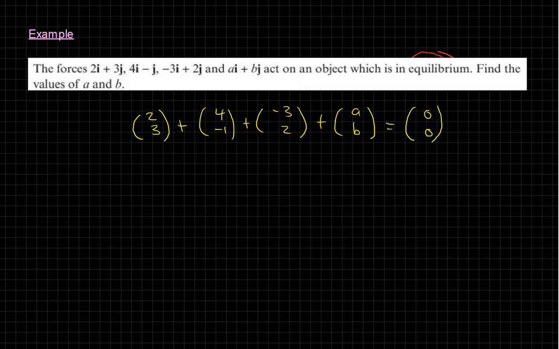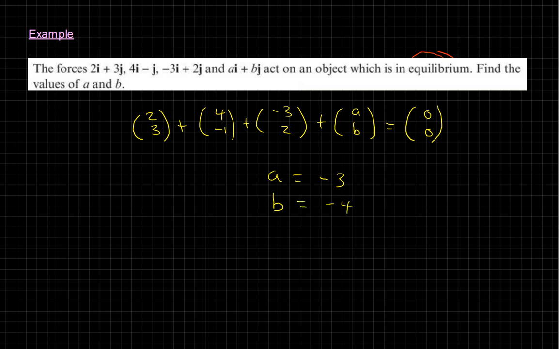And then from this you're just going to get some very simple equations, aren't you? So you'll get 6 minus 3 plus A, so we can hopefully see that in that case A is going to be minus 3, and B, if I add up the bottom here, I'll get 3 minus 1 is 2, plus 2 is 4, 4 plus B is 0, therefore B must be minus 4.